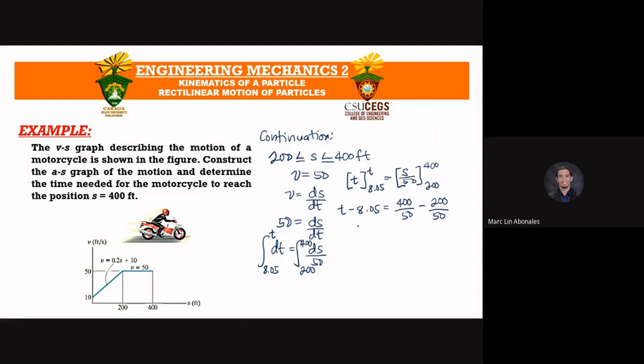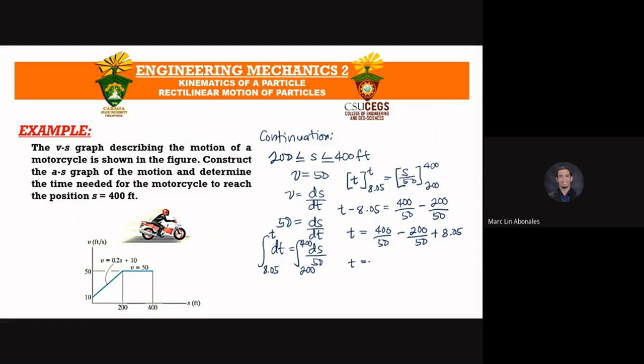Then you transpose 8.05 to the other side, so it will become positive 8.05. So the time needed for the motorcycle to reach 400 feet is 400 over 50 minus 200 over 50 plus 8.05.